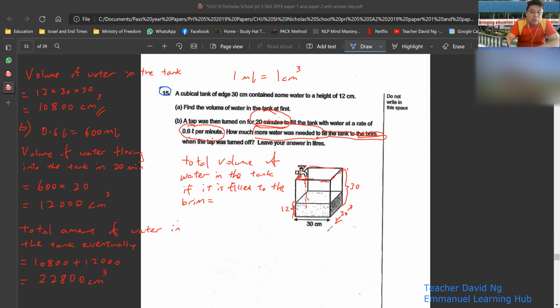Can you figure it out? You have the dimensions of the tank.